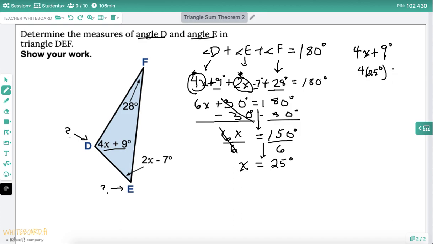That substitutes in for x. And we get this, right? 4 times 25 is 100. And we have to add that to 9. So that's an easy calculation. That's 109. So angle D is 109 degrees. So like I said, once you know, you can cross this out. Feel free to cross it out. And you write 109.